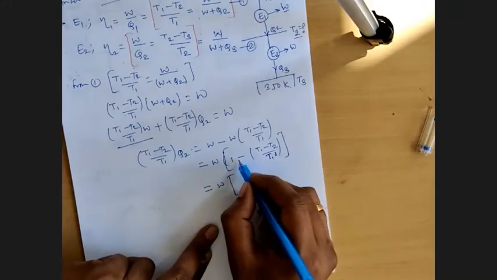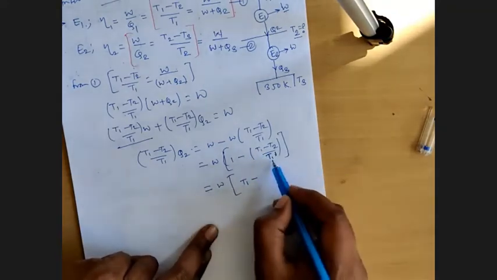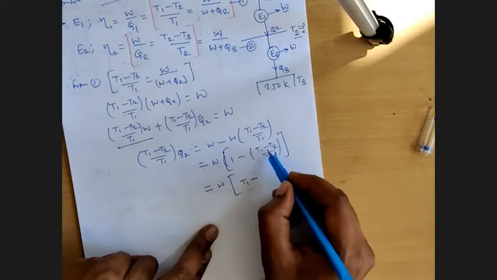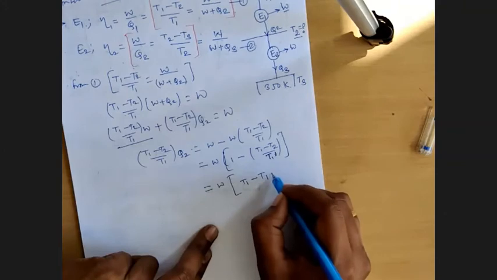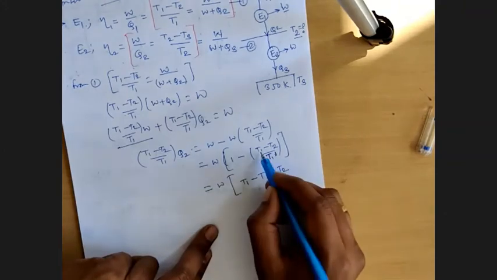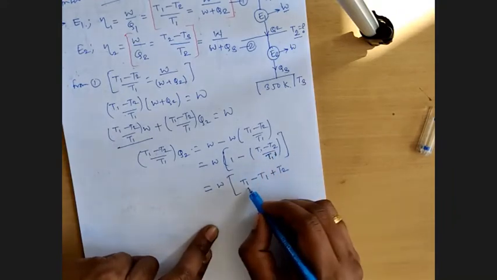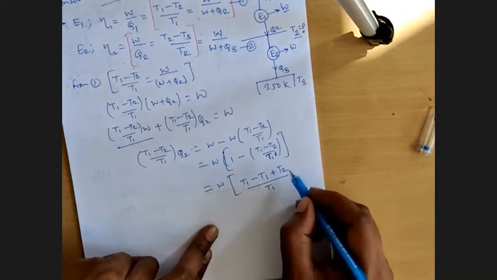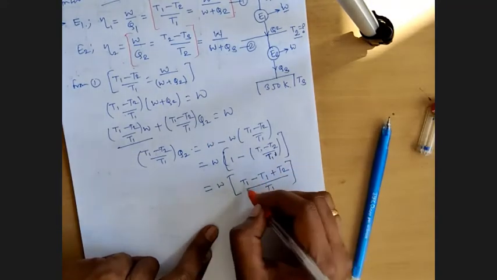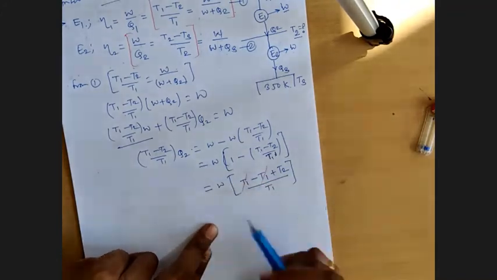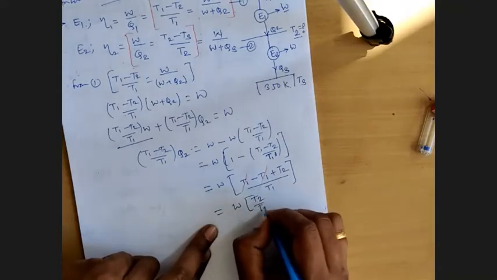T1 into 1, T1 minus this T1 I have multiplied with 1, and this T1 minus T2 will be subtracted. So minus T1 plus T2. This T1 into minus T1, and minus minus plus T2 divided by T1 as it is. So this T1 will get cancelled and I will get the relation W into T2 by T1.